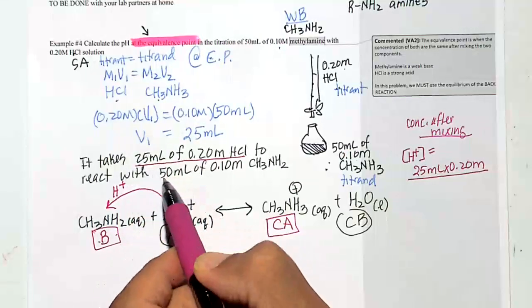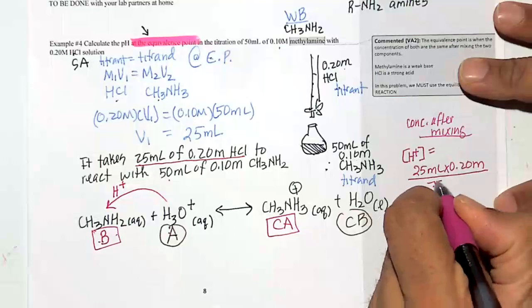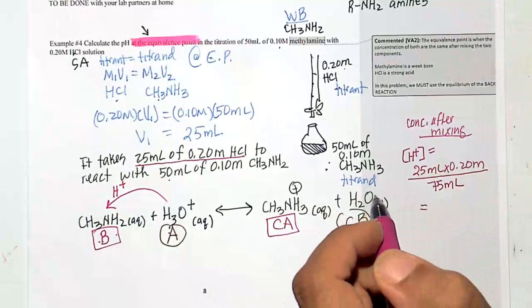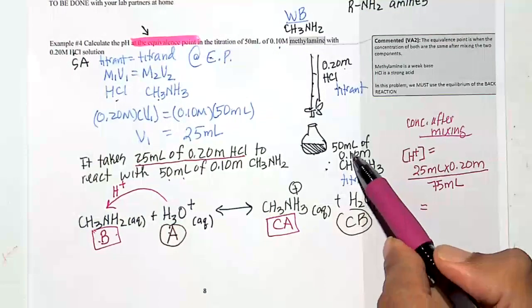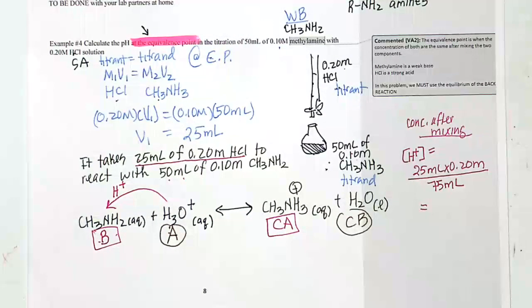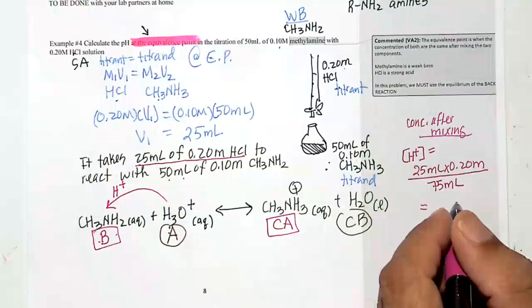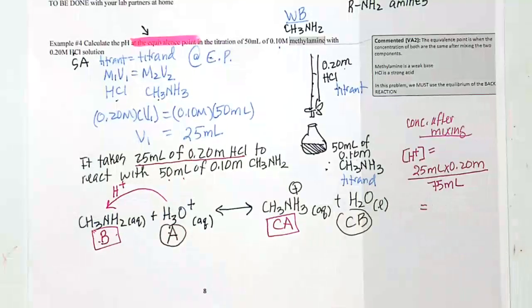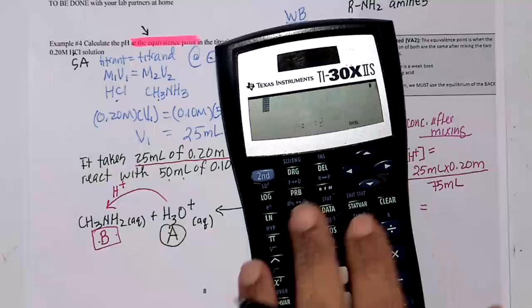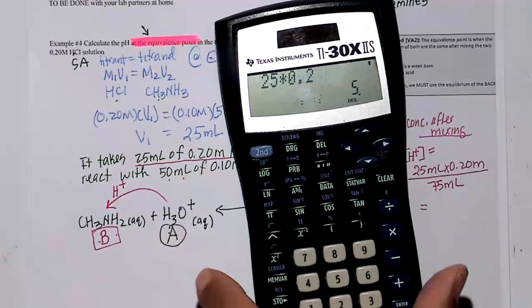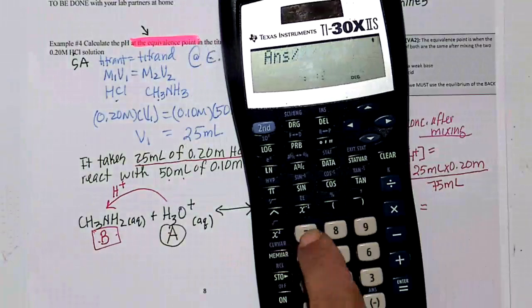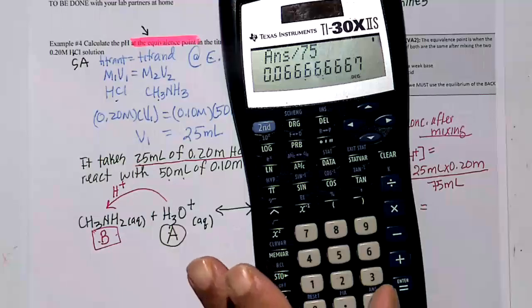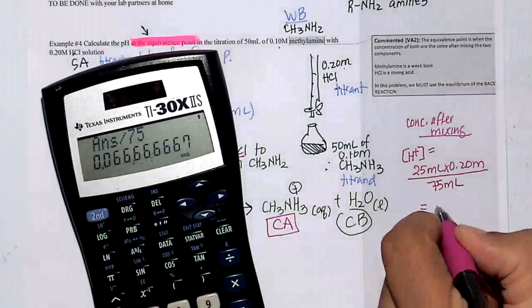What's our total volume here? 75 mL: 50 mL in here, plus the 25 from our equivalence point volume. So what's 25 times 0.2? Is that 5? Yes, I was right. 5 divided by 75, that's too much math. 0.0667 molar.